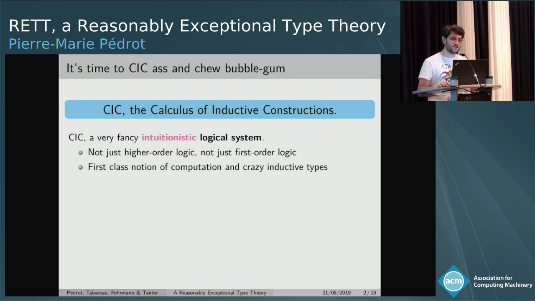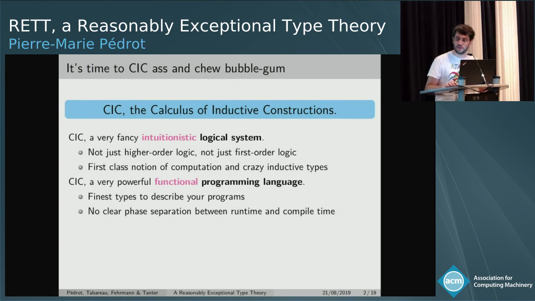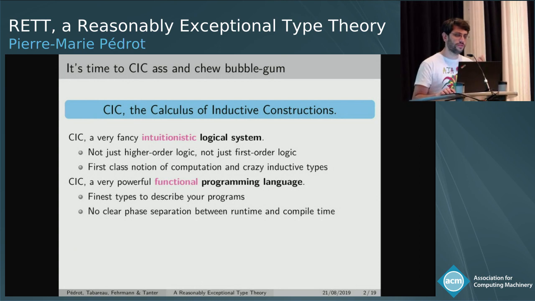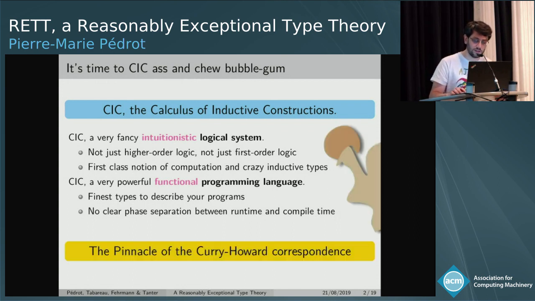So either as an intuitionistic logical system that has a lot of rich reasoning principles that allows to prove very, very complex results, or if you're more of a computer scientist, then you can also see it as a powerful functional programming language that has rich dependent types allowing to finally capture the behaviors of your program and actually produce proof-carrying code somehow. So this is the reason why I call CIC the pinnacle of the Curry-Howard correspondence, and if this didn't make any sense at all, then just figure it out as being COC, right? This is the system that is underlying the COC implementation.